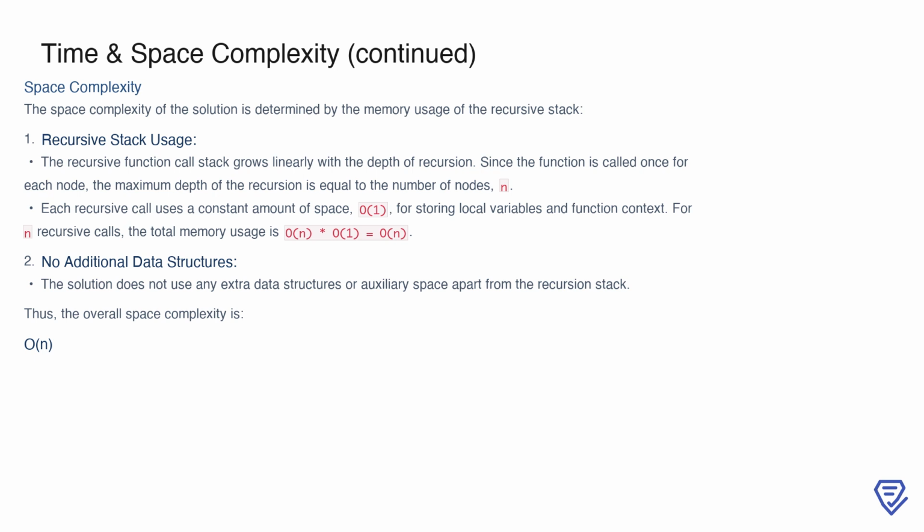Therefore, with n recursive calls, the total memory footprint for the recursion stack is O(n) times O(1), which simplifies to O(n). Importantly, the solution does not use any additional data structures or extra memory beyond the recursive stack. Since no auxiliary space is allocated for storing values or other operations, the overall space complexity is determined solely by the recursion stack, and it is O(n).